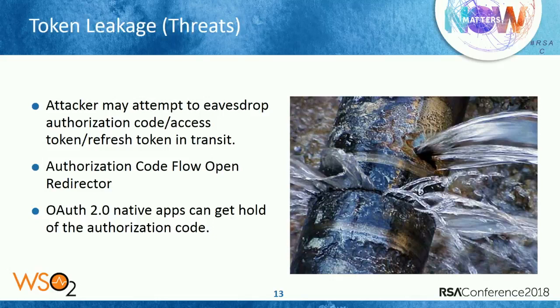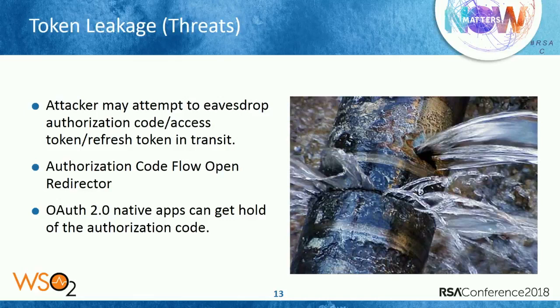That means if you have root access to the mobile device, you can find out the client ID and client secret of that particular application. Now the attacker has access to the client ID and client secret, and it also got the authorization code. Now the attacker can get an access token.